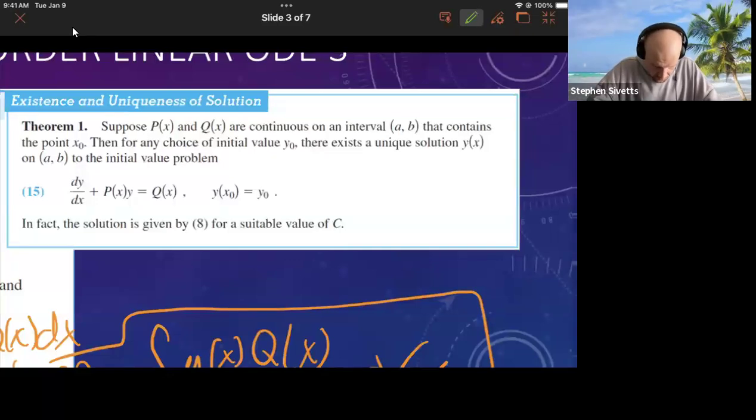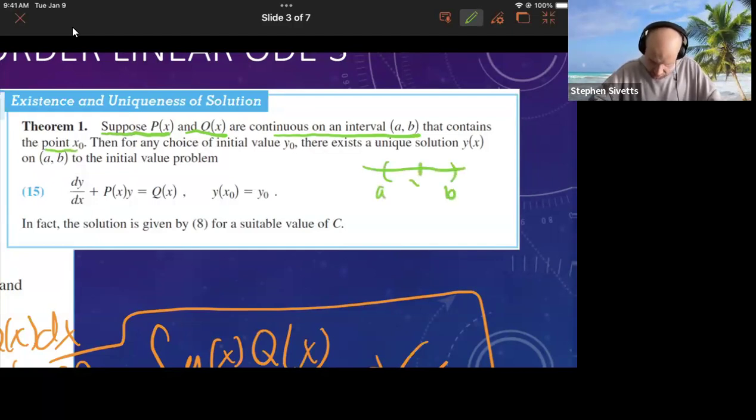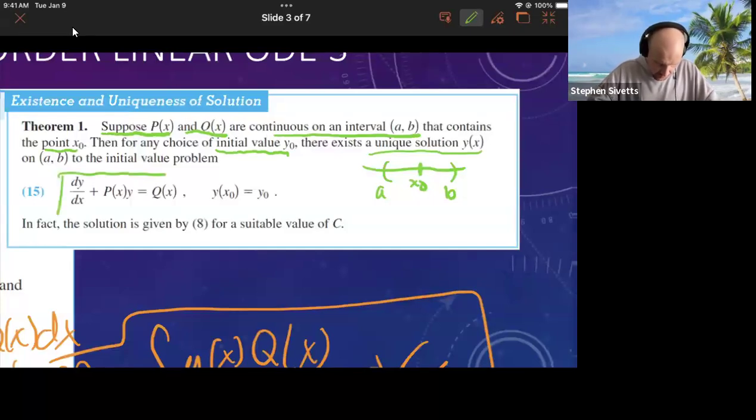For a first order differential equation, if p of x and q of x are continuous functions on an open interval from a to b that contains the point x naught, then for any choice of an initial value y naught, there exists a unique solution y of x to this differential equation.